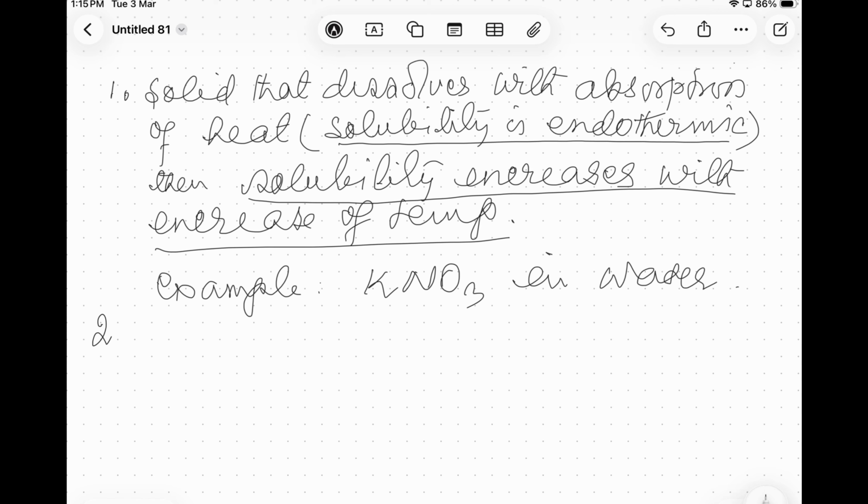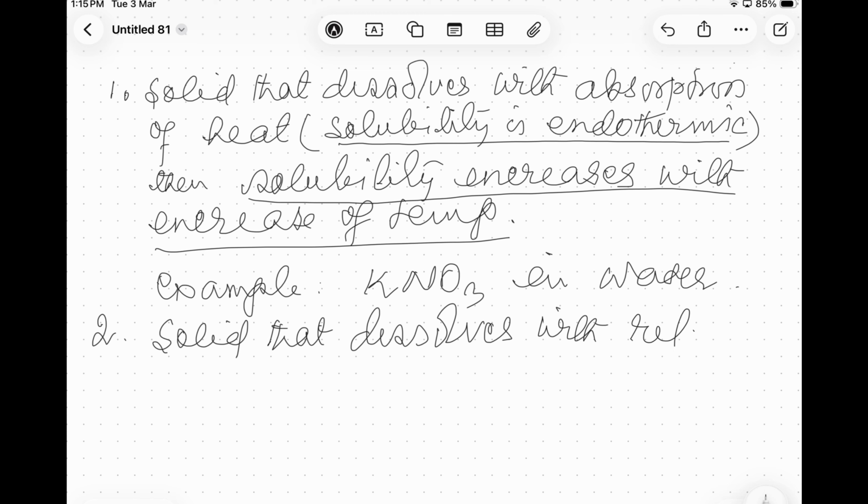Number two, solid that dissolves with release of heat.